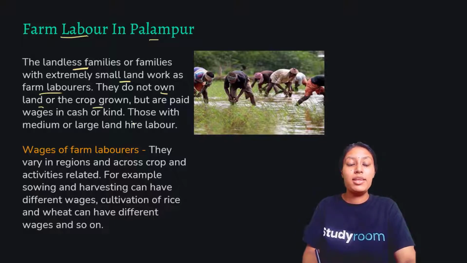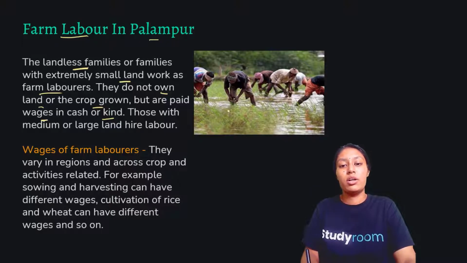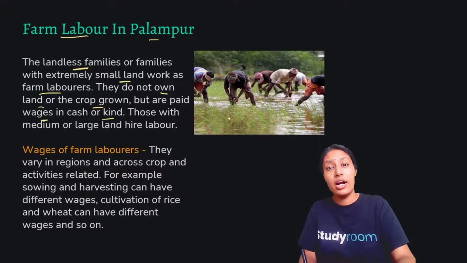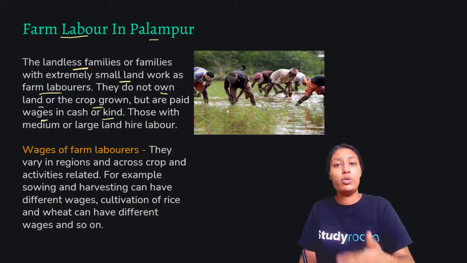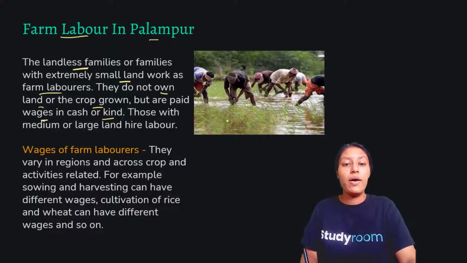But they are paid on the basis of wages, either in cash or in kind. In cash, as in whenever they work. In Hindi, we call it dihadi. एक दिन की दिहाड़ी, 2 दिन की दिहाड़ी when they work. In English, it's called wages. For example, they get paid per day, per hour. And the other is in kind. They used to have contracts with these big landowners.